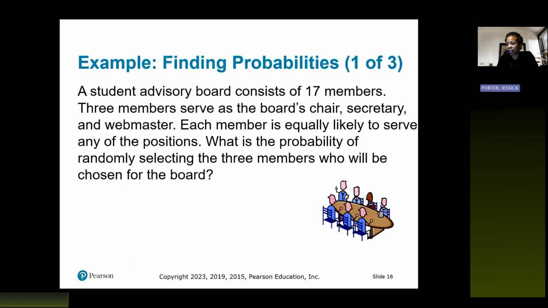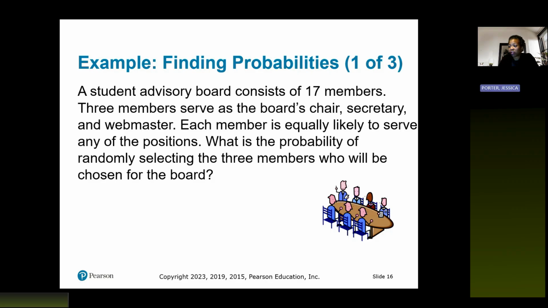Let's find probabilities. And that's a little more involved. So let's just look and see how we're going to solve for the probabilities. All right. A student advisory board consists of 17 members. 3 members serve as the board's chair, secretary, and webmaster. Each member is equally likely to serve any of the positions.